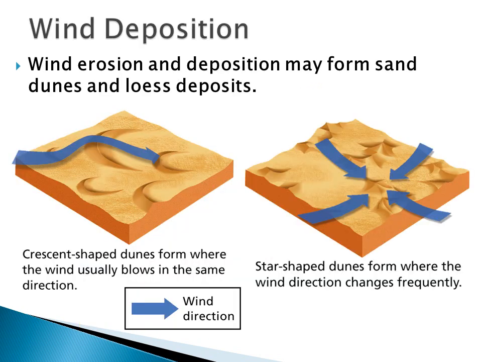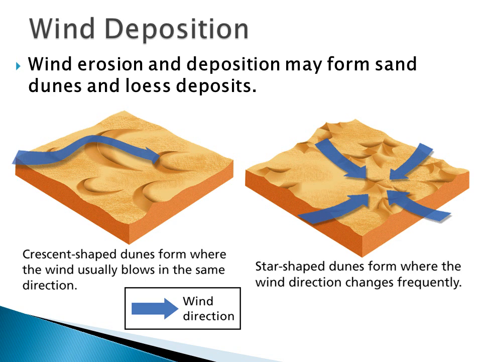Wind deposition. Wind erosion and deposition may form sand dunes and loess deposits, as you can see in the figure. See, all the sediments picked up by wind eventually fall to the ground.